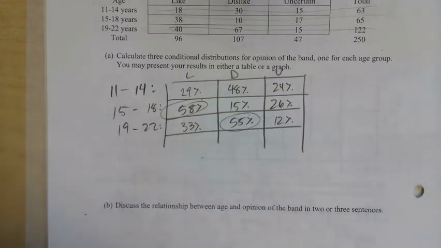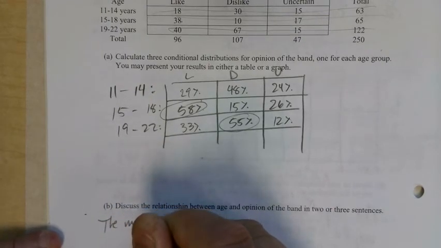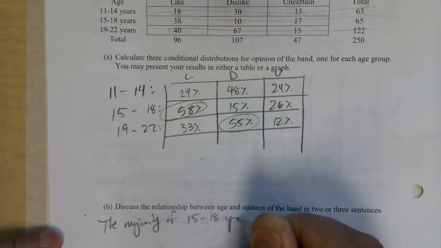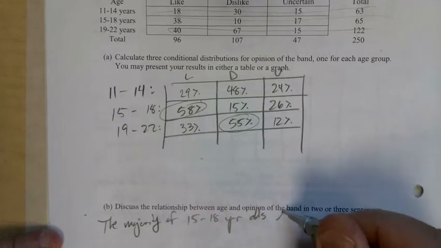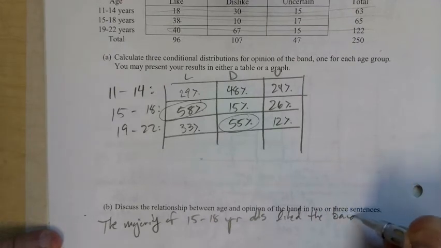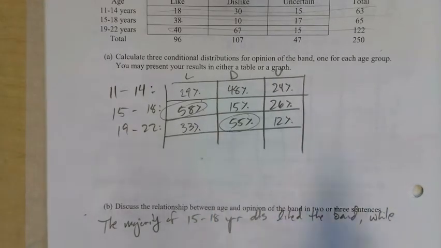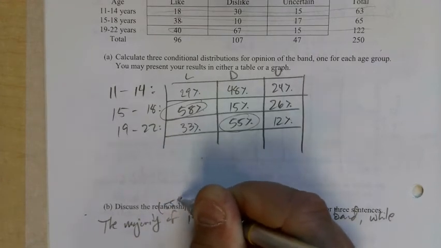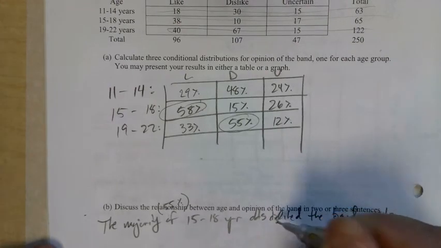So I might say that the majority of 15 to 18-year-olds liked the band, while 55%, a majority, and I might even say that 55% disliked the band.